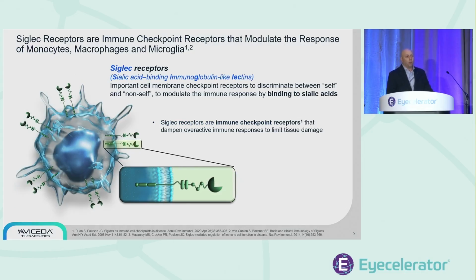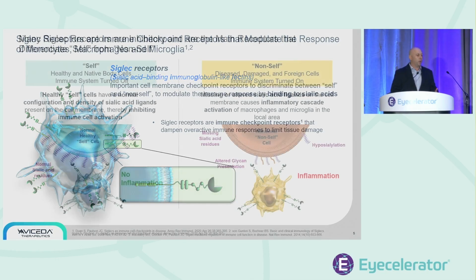These siglec receptors have multiple extracellular and intracellular domains. The extracellular domains interact with the sialic acid residues. The intracellular domains are inhibitory, such that we can actually bind these receptors and shut down the immune response.